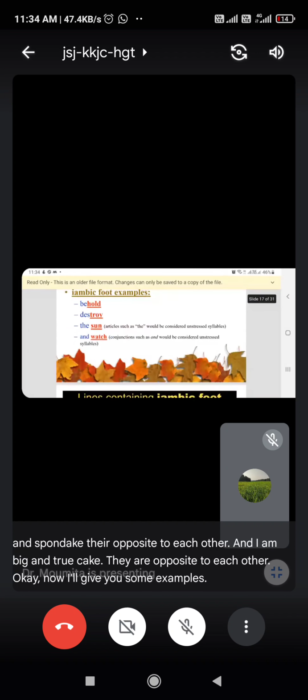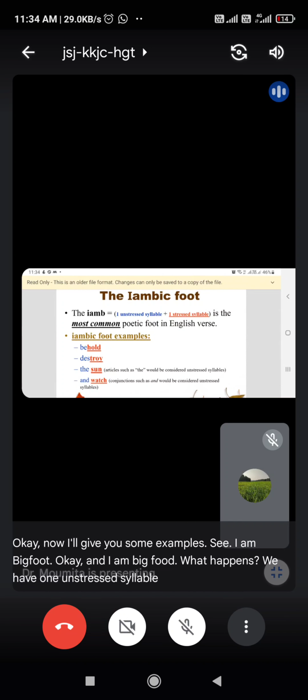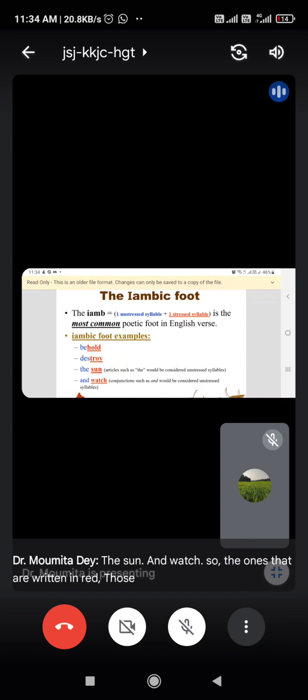See, Iambic foot. In Iambic foot, we have one unstressed syllable, then one stressed syllable. Examples are: you see, behold, destroy, the sun, and watch. The ones that are written in red, those syllables are getting the stress. So how many syllables will we have in these patterns?